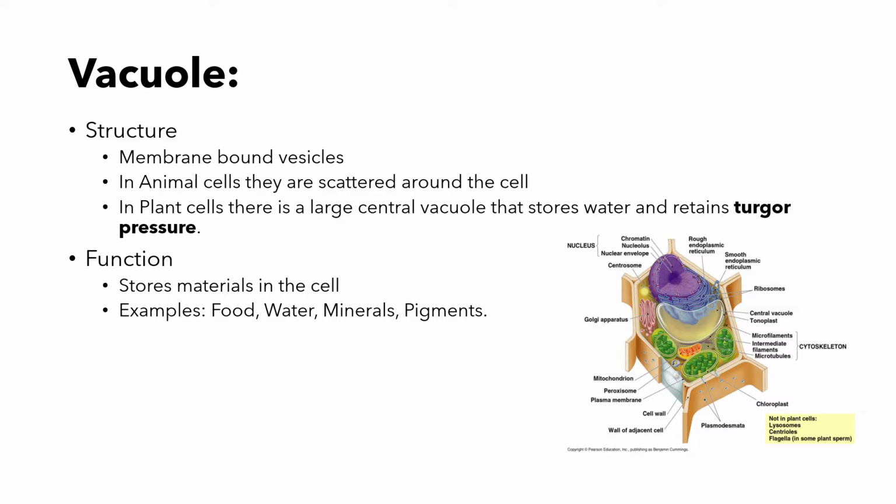However, in plant cells, there's one large central vacuole that stores water, and the main purpose of that large central vacuole is to retain turgor pressure. Turgor pressure is what allows a plant to remain upright, and plants want high turgor pressure, so having that central vacuole allows for high turgor pressure within that cell.